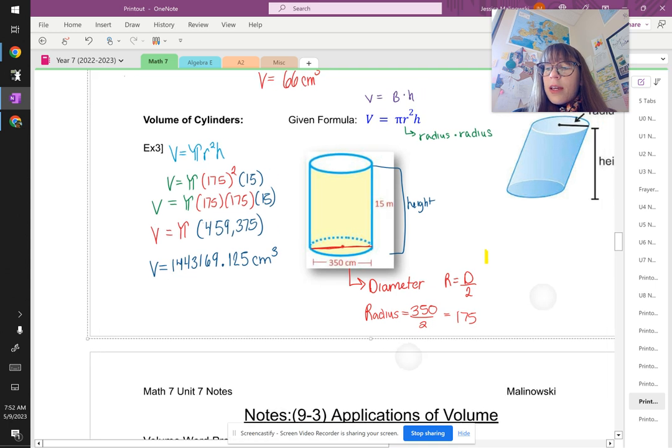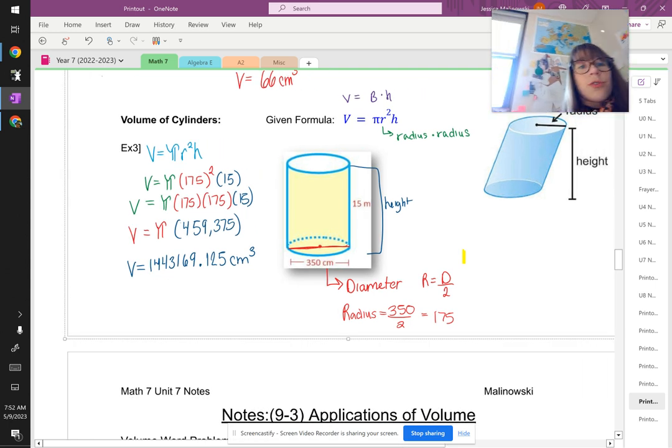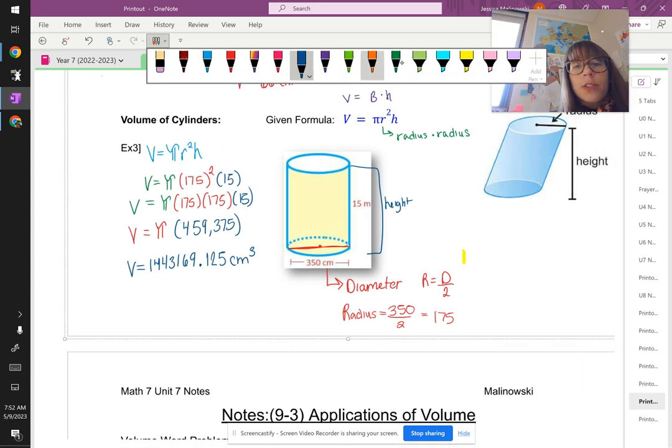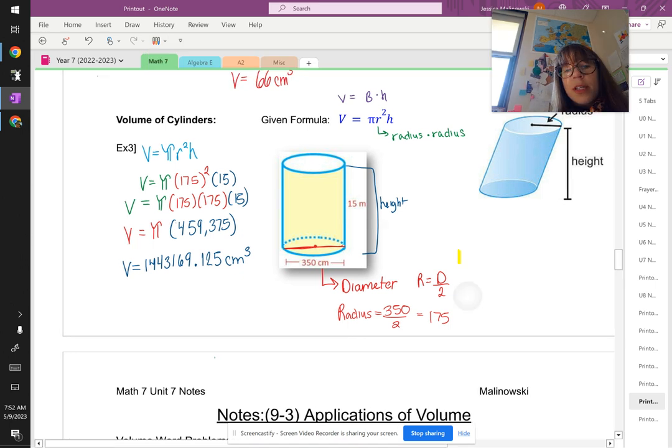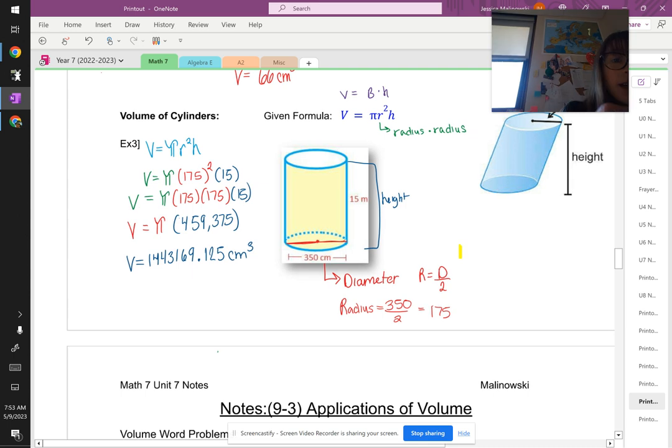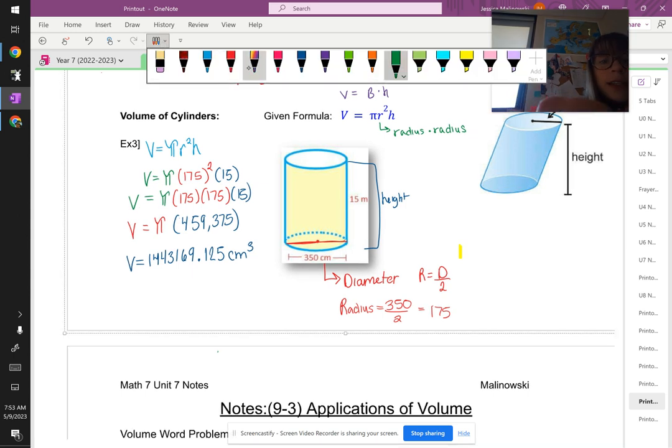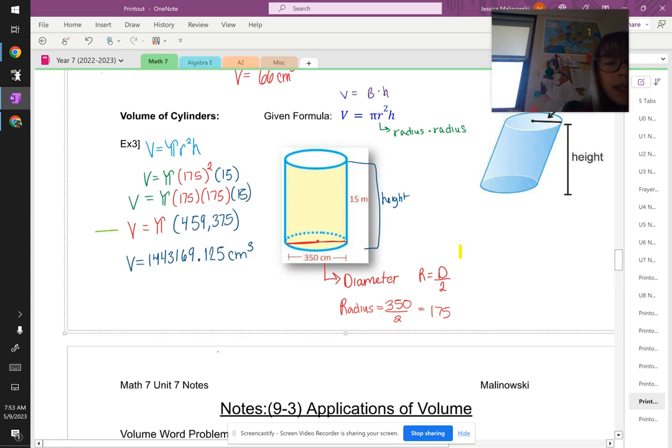And I guess the one last thing I want to remind you about is in terms of pi. Remember, when it said in terms of pi, we just didn't plug pi in the calculator, meaning that we would be stopping right here.